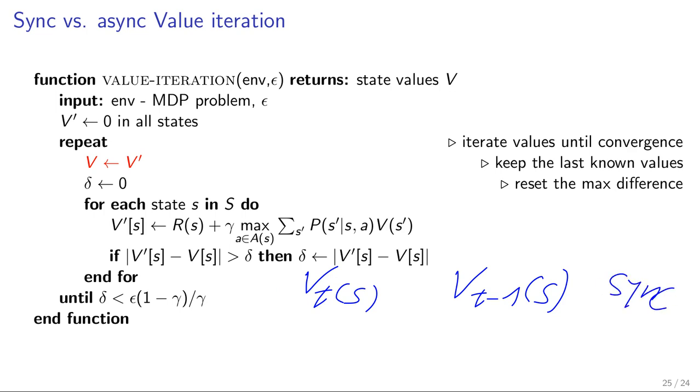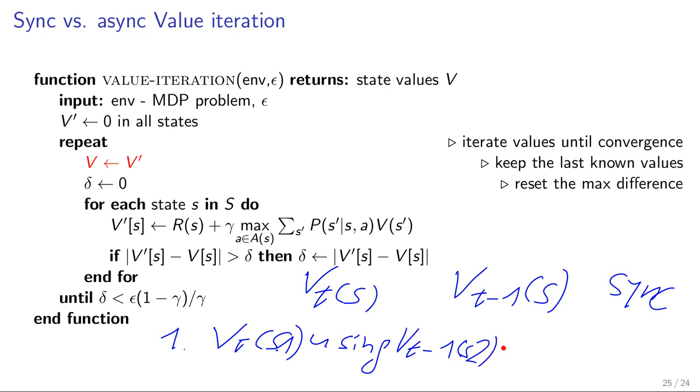The asynchronous way, let's say I do it as follows. Let's say I decide to do V_t of S1, and let's say the neighbors of S1 are using, let's say, V_{t-1} of S2.